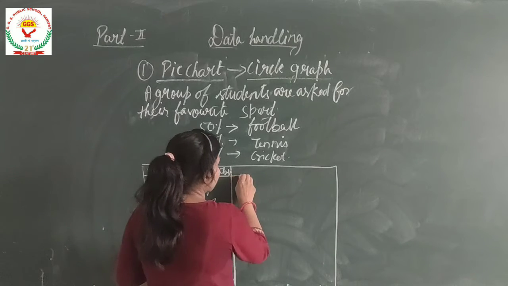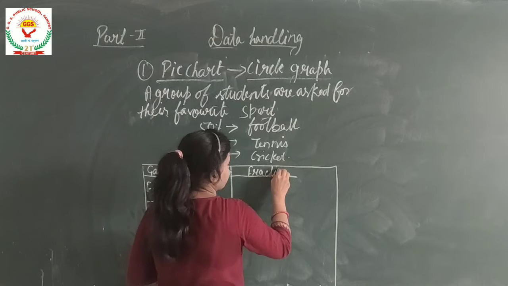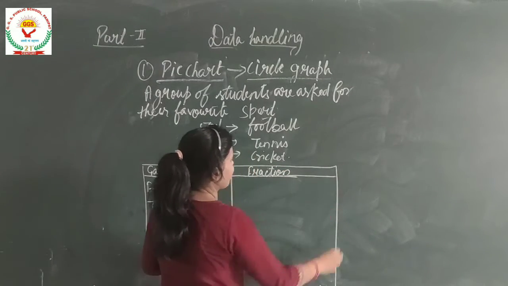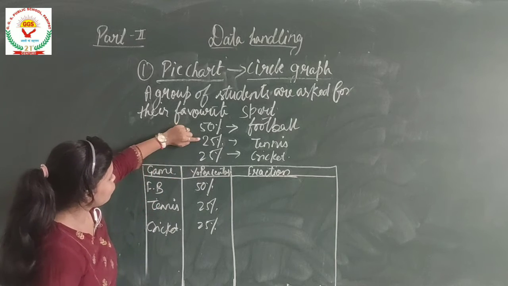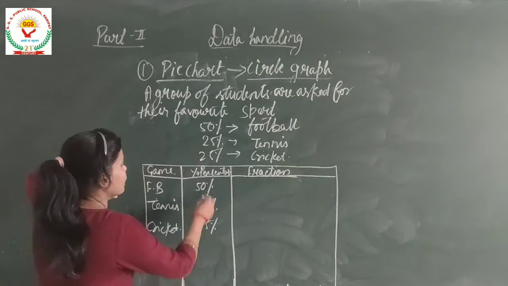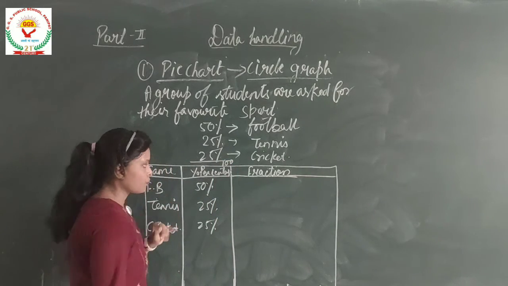In the next column, we will write the fraction. So what is the fraction? We know that the sum of 50 plus 25 plus 25 gives 100, right?